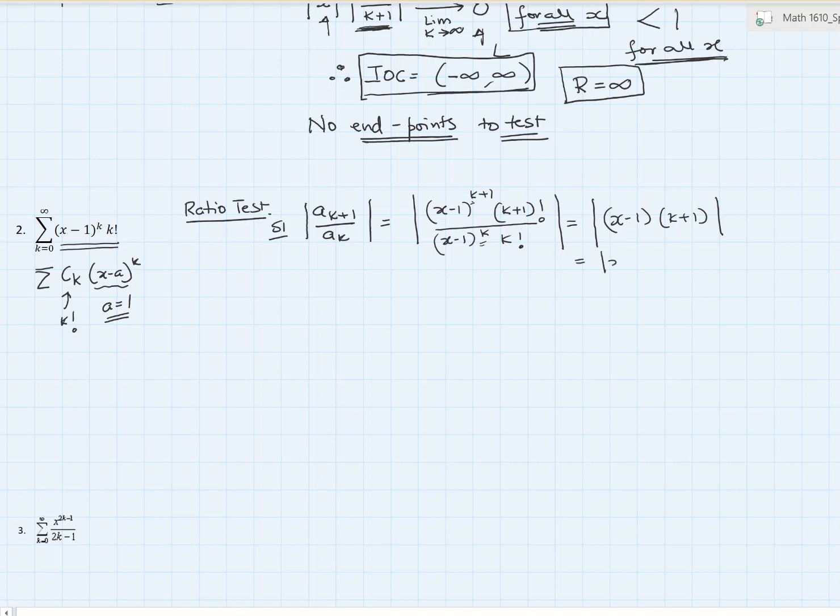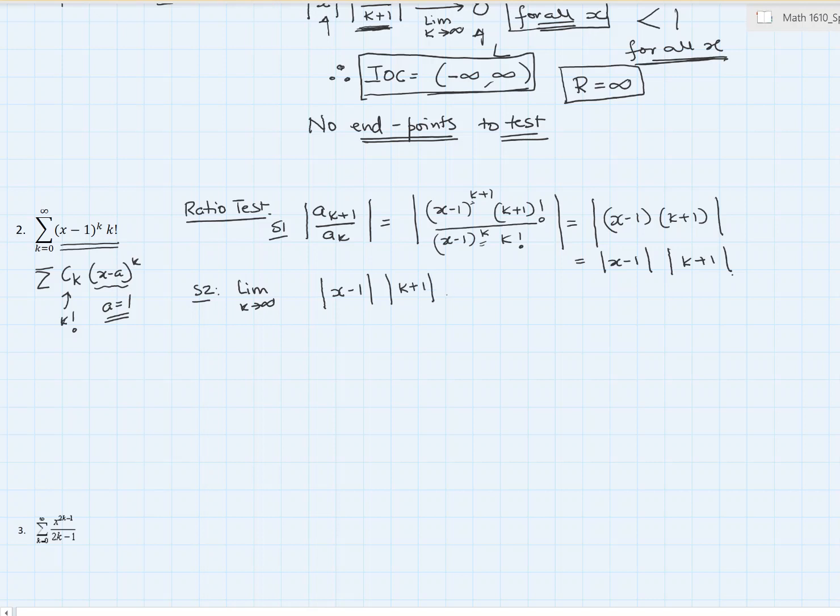Again, let's split it: x terms in one absolute value and k plus 1 in the other. Step 2 is we have to take the limit k going to infinity. So what do I have? Absolute value of x minus 1 and k plus 1.